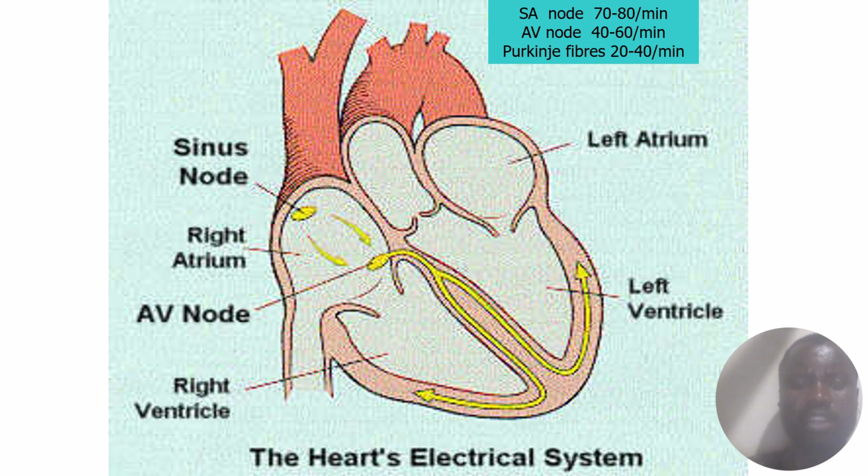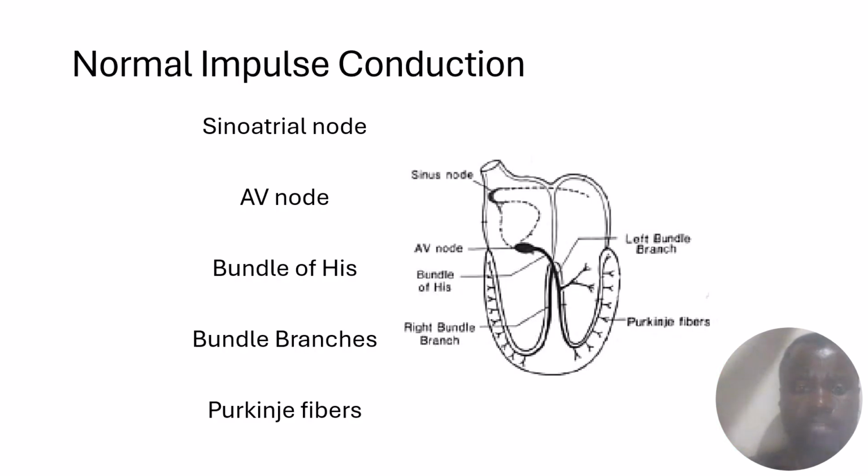Because of this, the SA node within a minute generates more impulses. Therefore, it overrides the rest of the conduction system, and therefore it is called the pacemaker. So when it becomes faster, the heart beats faster. When it becomes slower, the heart beats slower. We will continue with the conduction system, and you will get more insights as we go.